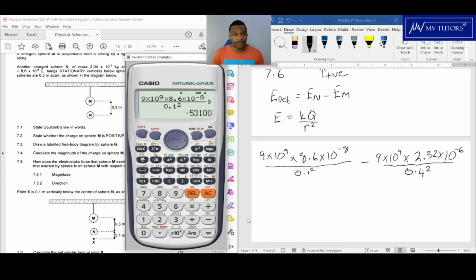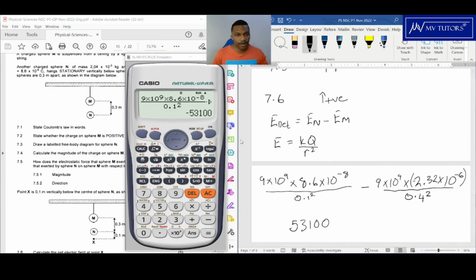You know what we did wrong? This charge here is a negative charge. Remember we said M is negative, so a negative and a negative makes a positive. So this answer here should actually be positive, 53,100. And remember what we said with our direction.